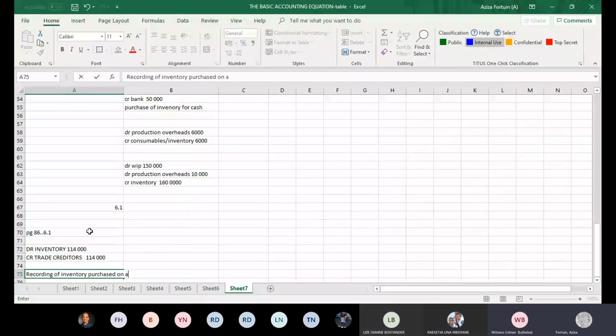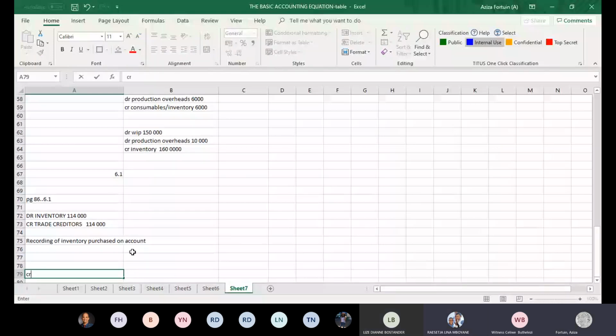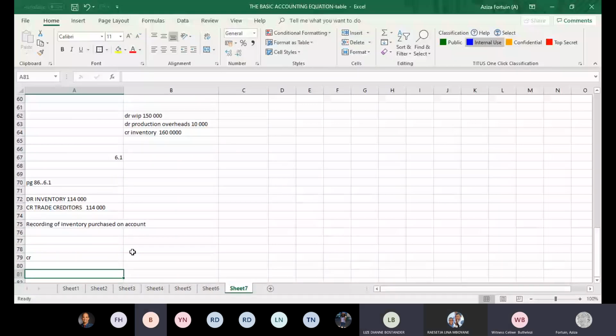Let's look at the next entry. They paid for delivery of the inventory in cash. We debit inventory and credit the bank with 2,000.